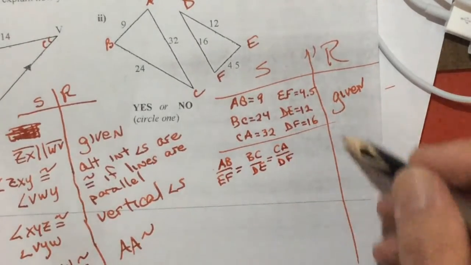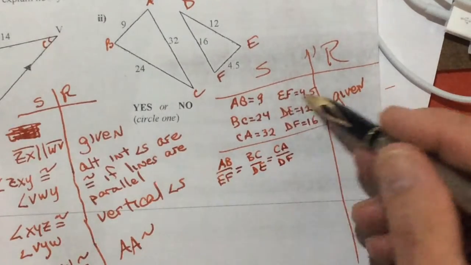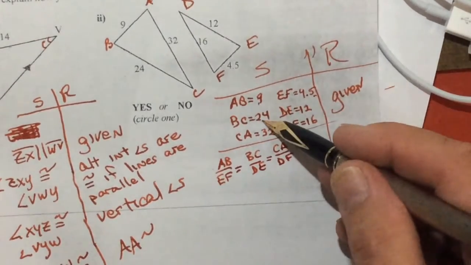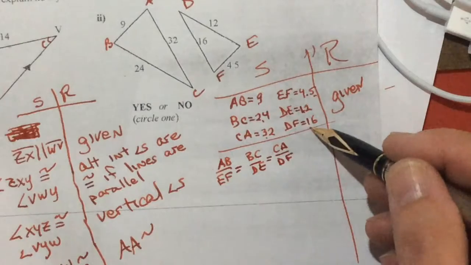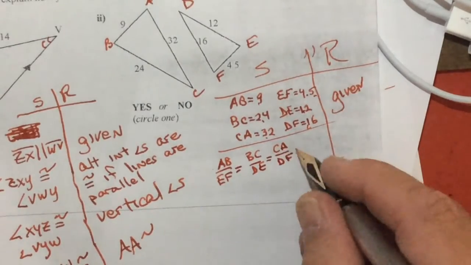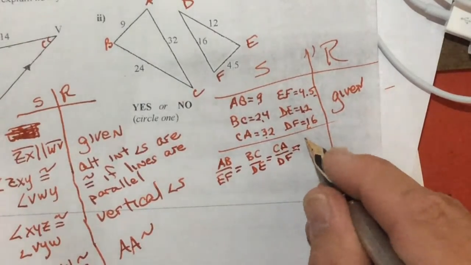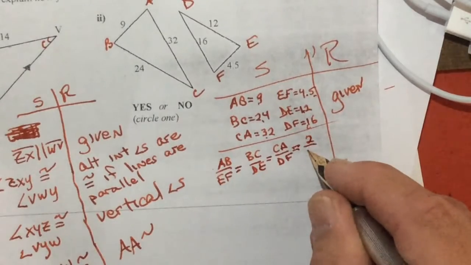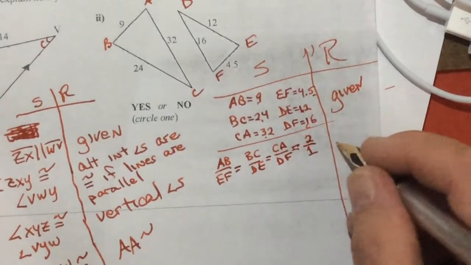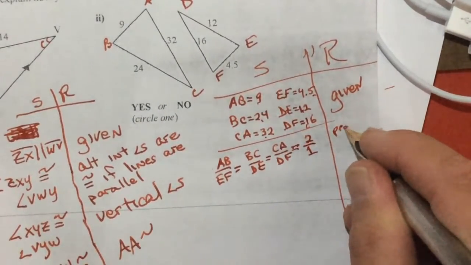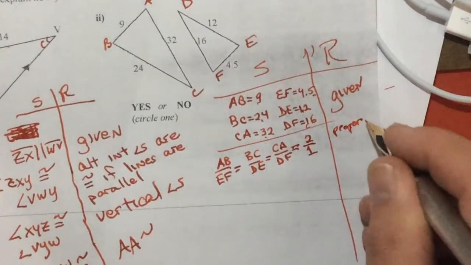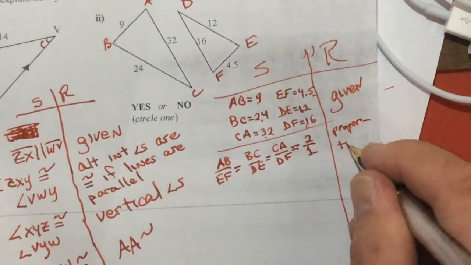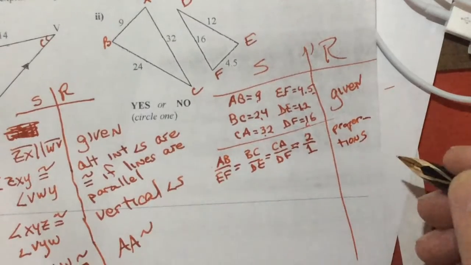And how do I know all of this? Because this is 2 times 4.5. This is 2 times 12. This is 2 times 16. So basically, the ratio here is 2 to 1. That's proportions.